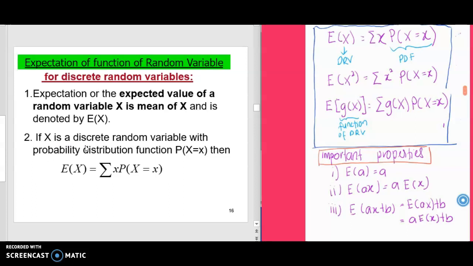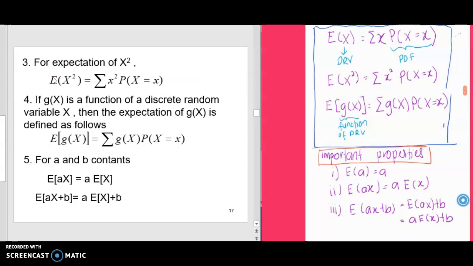If x is a discrete random variable with probability distribution function P(X = x), then kita boleh tulis macam ni. Teacher ringkaskan pada skrin sebelah kanan. Next, this one is for expectation of x squared. So bentuk dia macam ni.